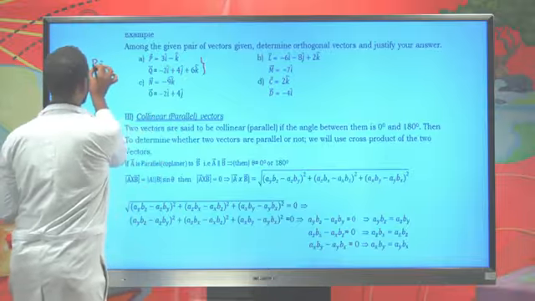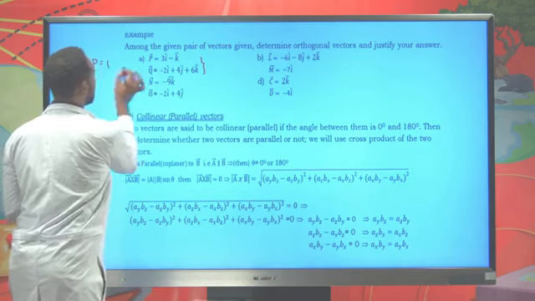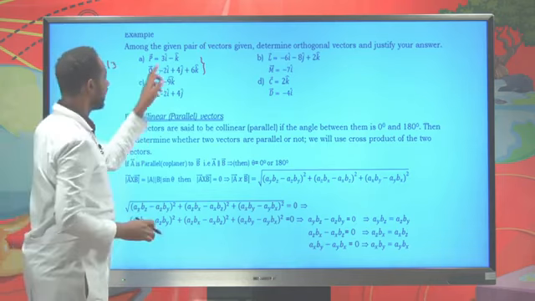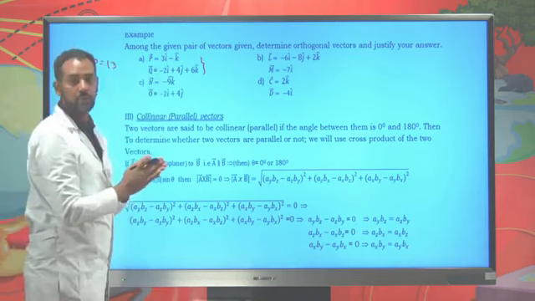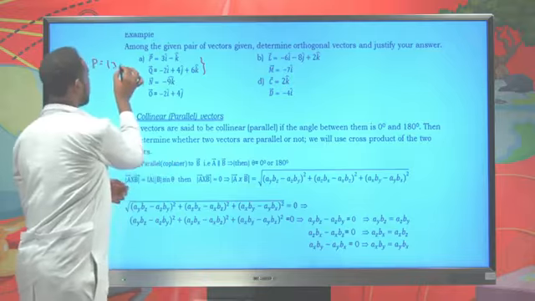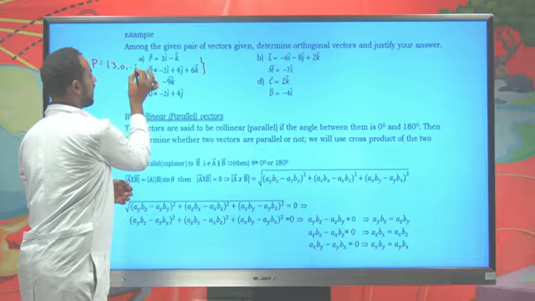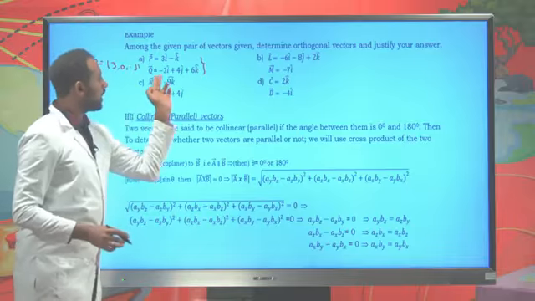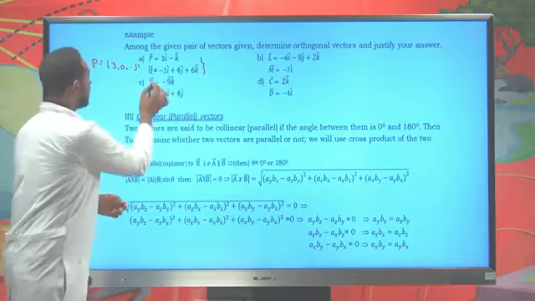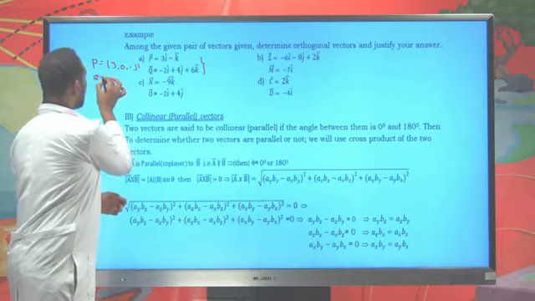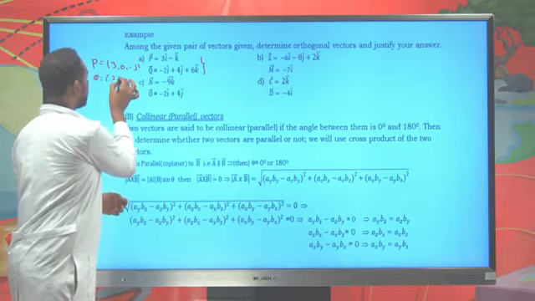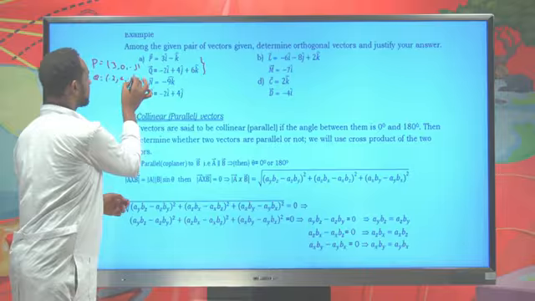The components of vector P are: the i component is 3. We don't have a j component or y component, therefore it is 0. And the component of z is -1. And here you have Q. The components of Q are -2, 4, and 6.